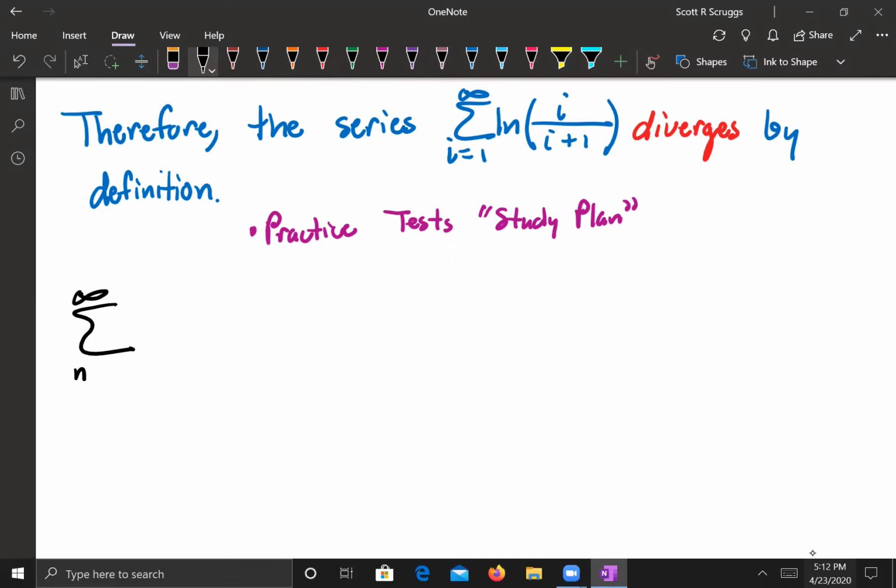Show whether or not the series converges or diverges: 2n plus 1 raised to the nth power divided by n to the 2n power. I'll give y'all about 5 to 7 minutes to work on that. And if y'all have a question about it, please let me know.